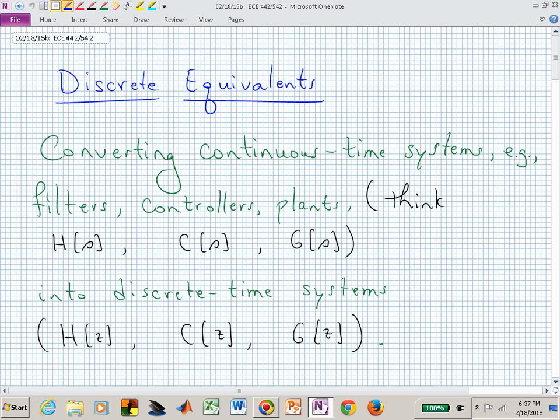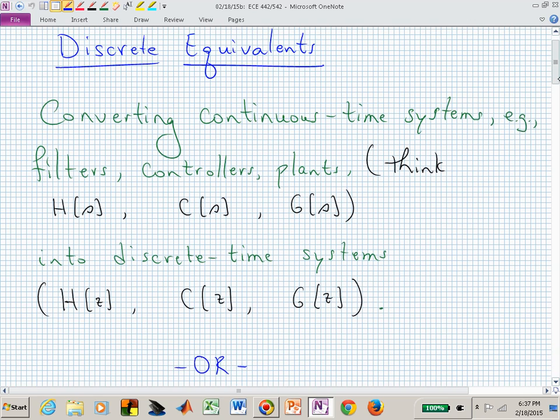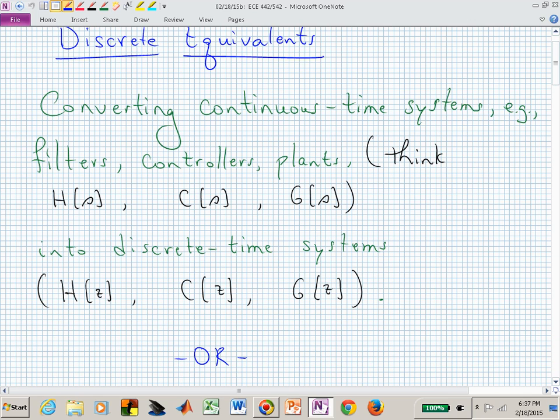Here we are trying to convert analog transfer functions, which might be a filter, which I might call H of S. It might be a controller, which I might call C of S. Or it might be a plant. A plant is a dynamic system.